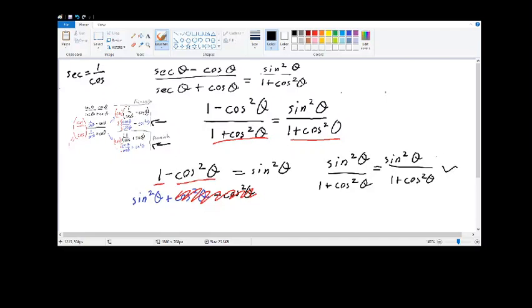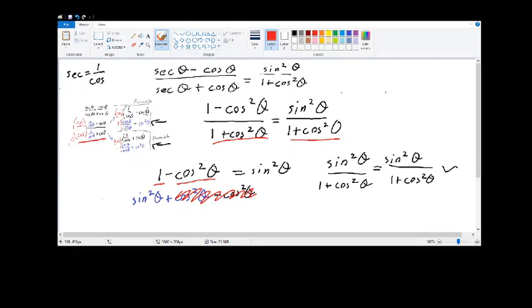Now this one was a bit of a long one, especially since we had to use secant and manipulate some of the equation before we did any other multiplication. And I'm sure it was probably a little bit confusing when we got into the fraction here.